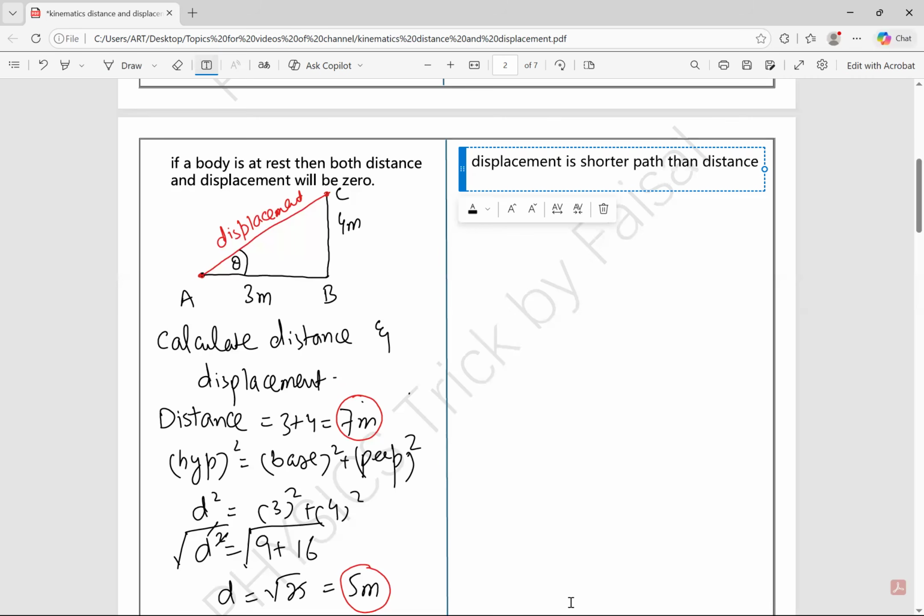But in one case, they both can be equal if the body is traveling in a straight line. Because if you are traveling in a straight line, then it is your distance and it is your displacement.